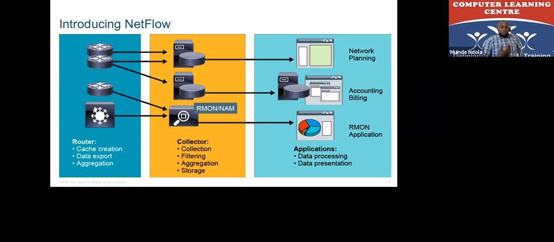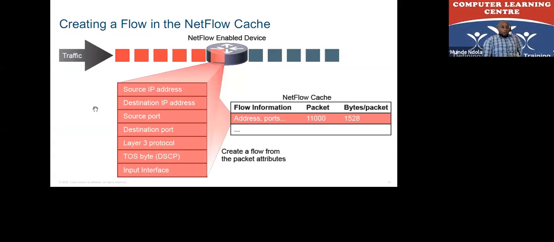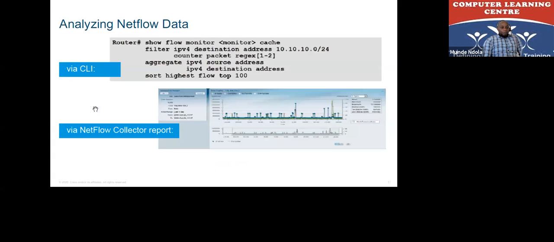It collects that information and shows you, okay, this is what has been going on from this interface. These packets that came in went out from this IP address. These are the packets that were sent back and forth, so that now you'll be able to understand what is happening in a network. So if there are spikes, you can tell what caused the spike and which devices had that problem.